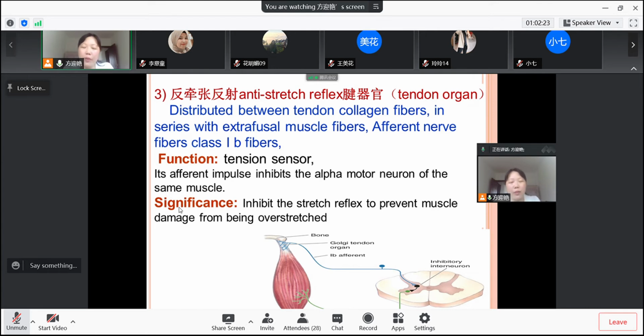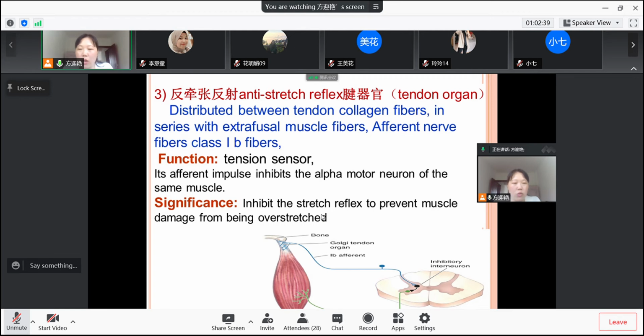So this is the physiological significance of the anti-stretch reflex: it inhibits the stretch reflex to prevent muscle damage from being overstretched.